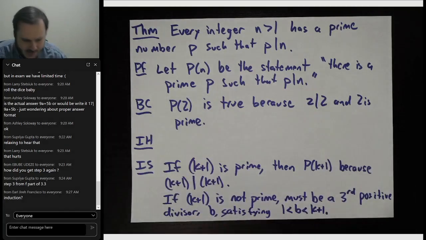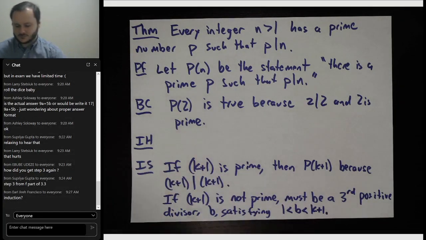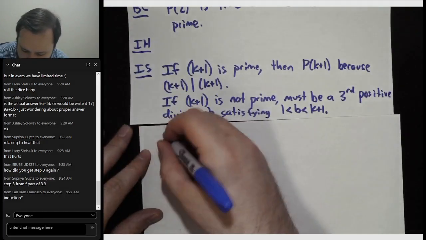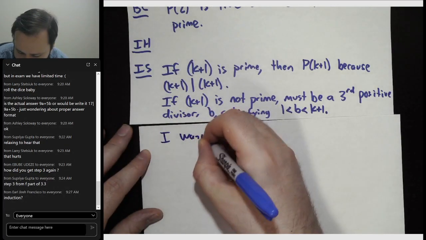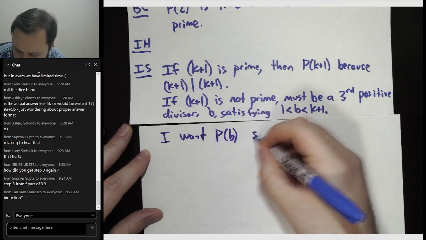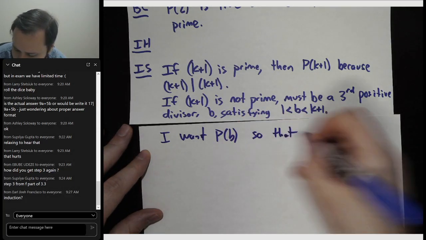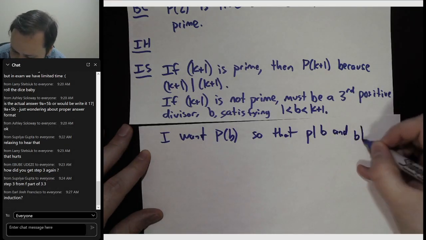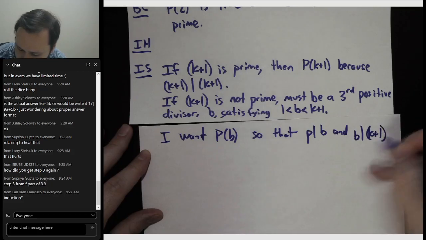So here's what I want to say. I want P of B so that P divides B and B divides K plus 1.